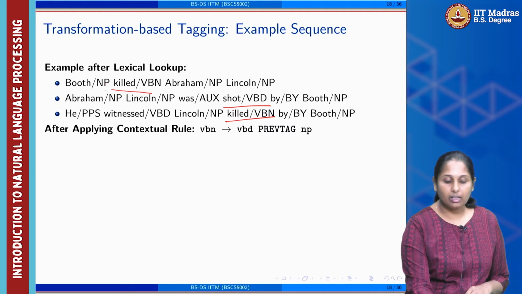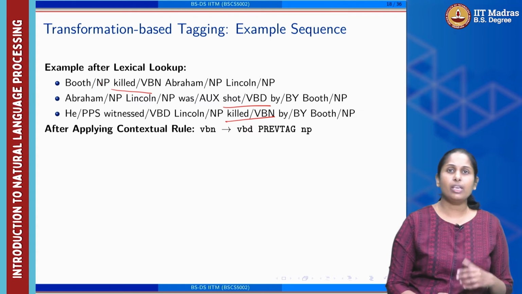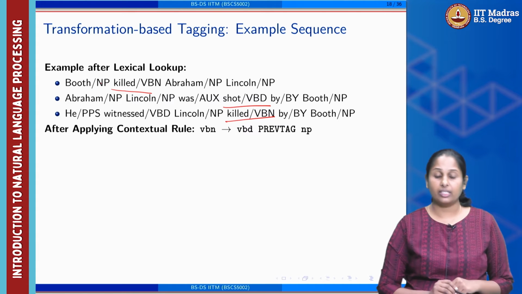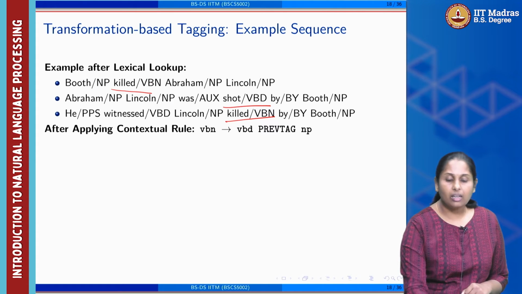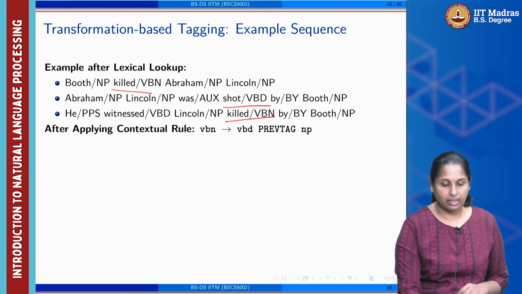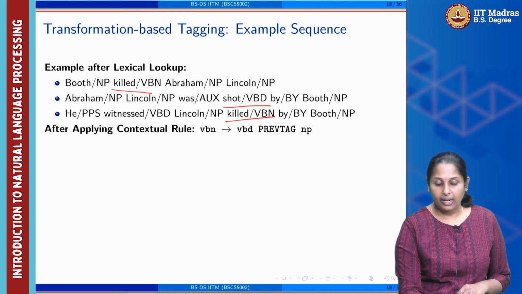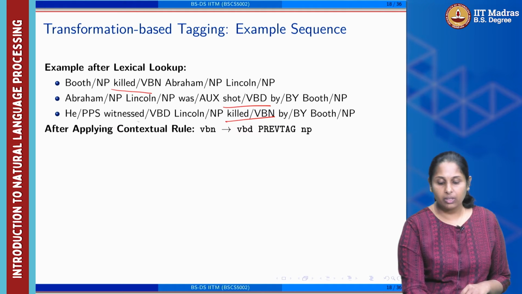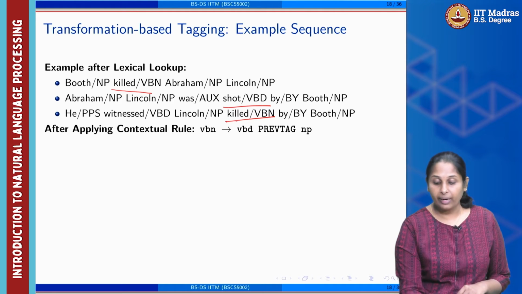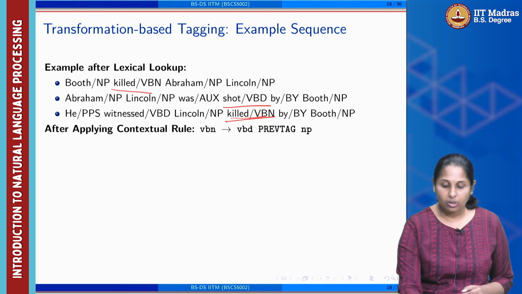So again the preceding one is an NP or an NN, I could even call it an NN. So now VBN is not the right tag, let's say. And here in this case, was shot by Booth. Now there is an auxiliary that precedes, and here there is no auxiliary, but he witnessed Lincoln killed by Booth, but it is not preceded by an auxiliary verb.